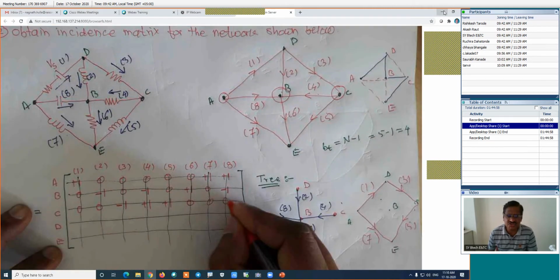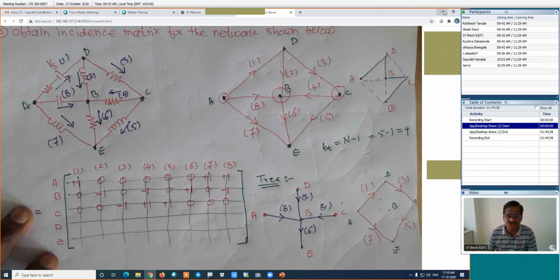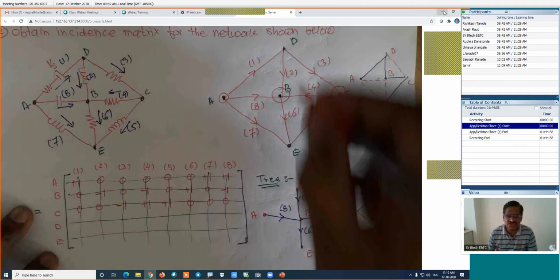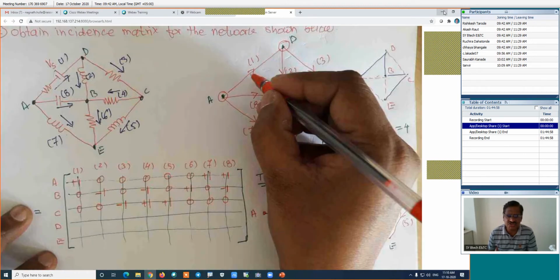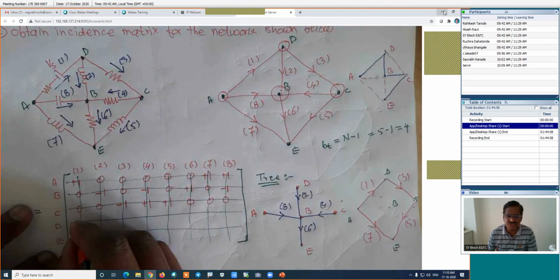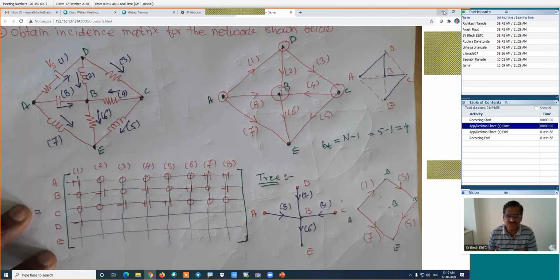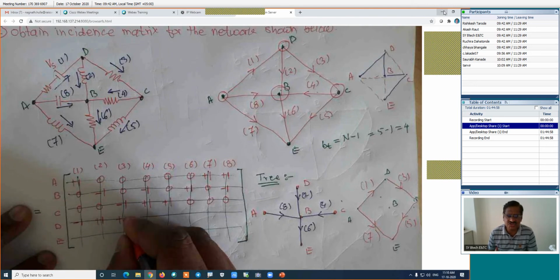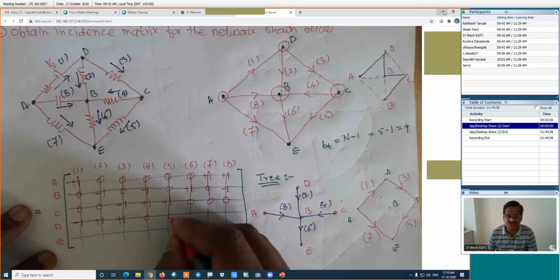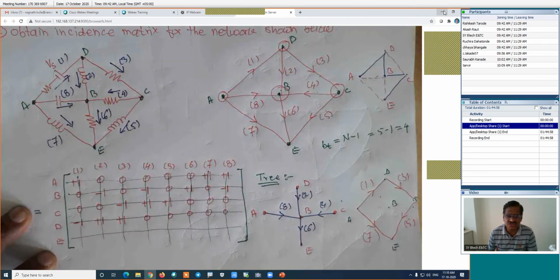That is the formation of the incidence matrix. Similarly, coming to node D, branch number 1 is incoming, so it will be -1. Branch numbers 2 and 3 are outgoing, +1 and +1. The remaining branches are not connected to this node, so their entries will be 0.